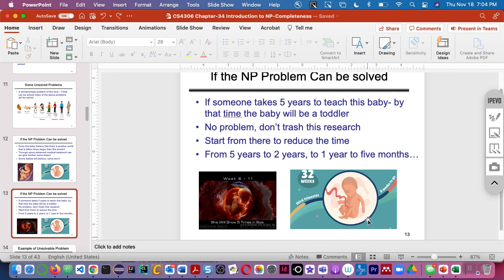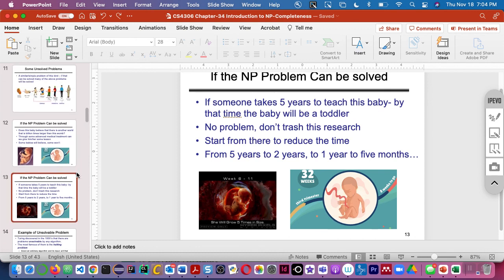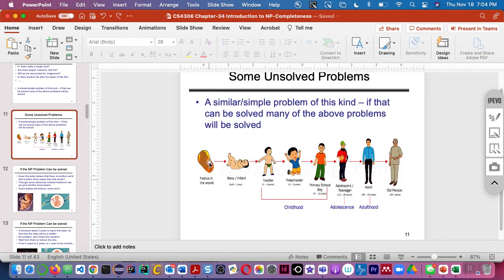So if someone starts that kind of research, so far we know it is not possible yet, but it may be possible in future. According to NP Completeness research, if this problem is not solved yet, maybe some researchers started this research and they are teaching these babies that, hey, there is another world that is billion times larger than this world.